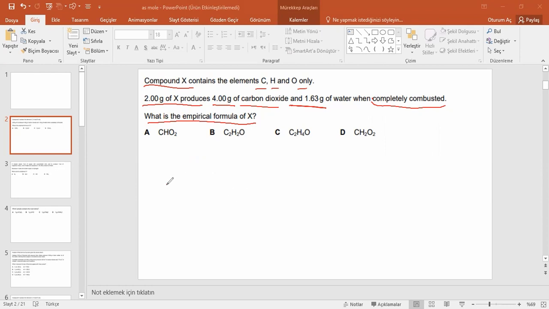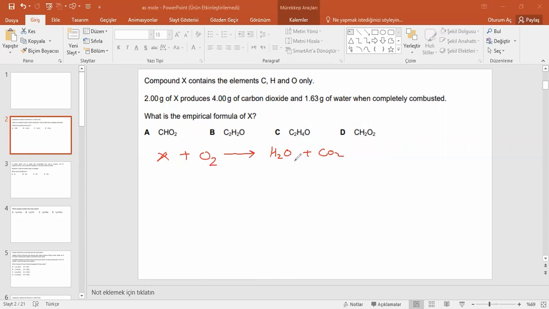Look, guys, let me draw it like this. When X is combusted, so combustion, we must have oxygen. We get H2O and we get CO2 because we have complete combustion. 4 grams of carbon dioxide are formed.